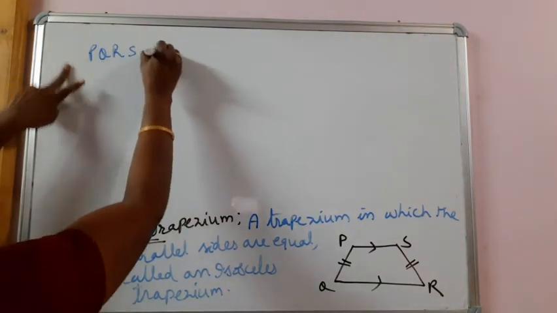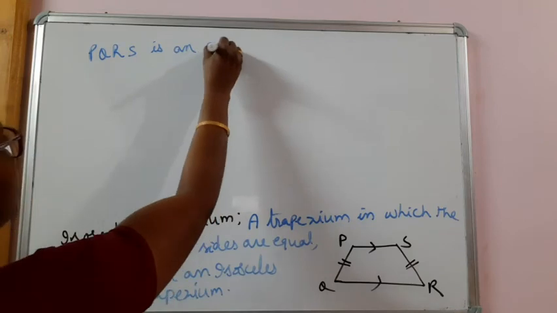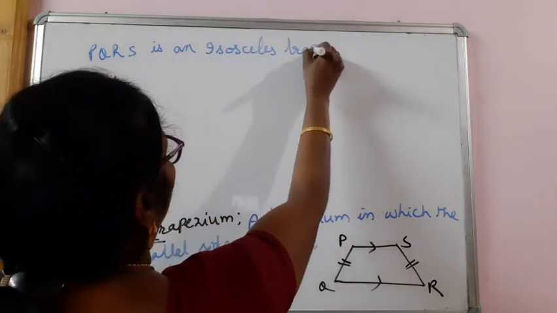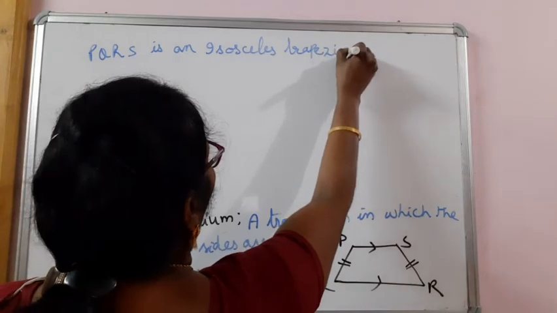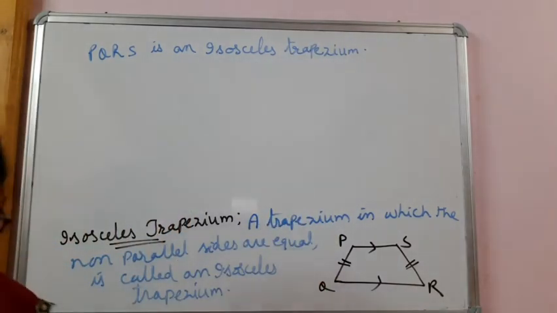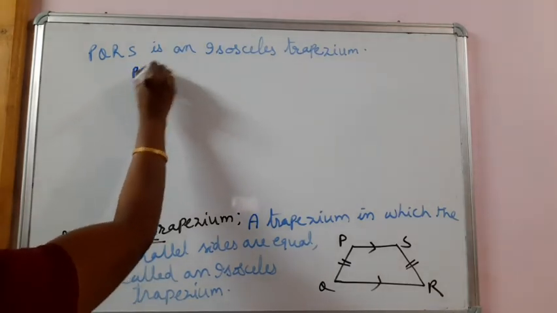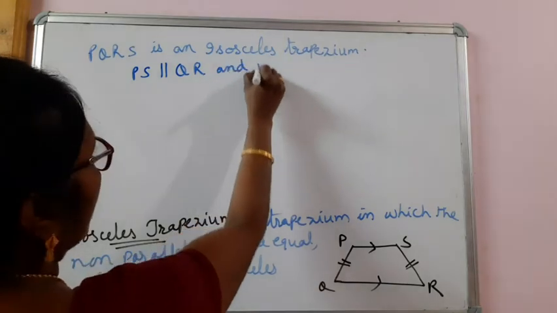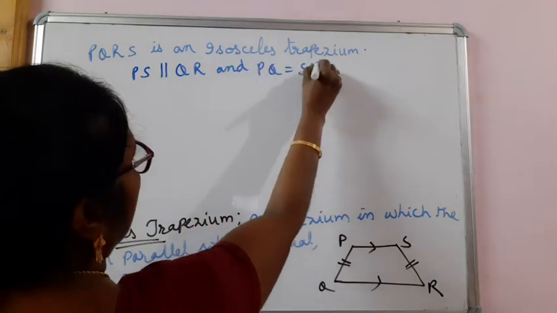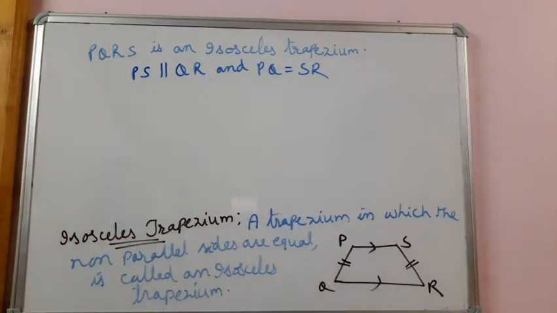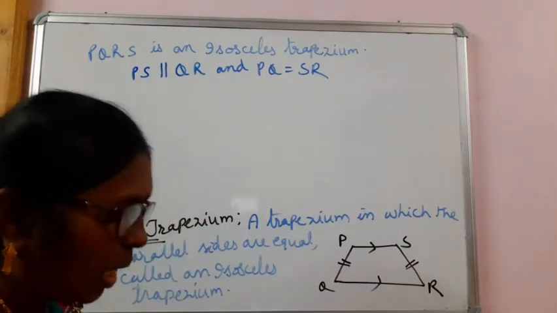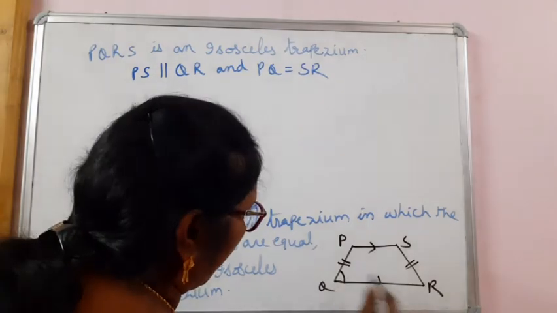PQRS is an isosceles trapezium. Why is it an isosceles trapezium? Because here PS is parallel to QR and PQ is equal to SR. So in an isosceles trapezium, the base angles are equal.